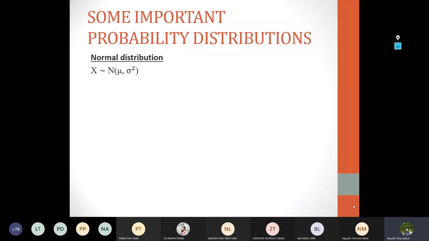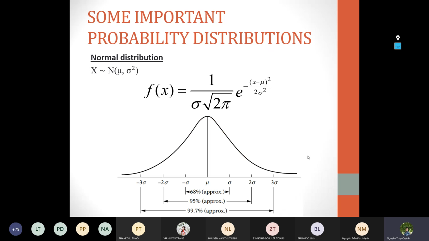We just remember that every distribution has a probability function of x. And this is the shape of the normal distribution. You can look at this. It is symmetric, right? A symmetric distribution. It has the mean of mu and the standard deviation of sigma.